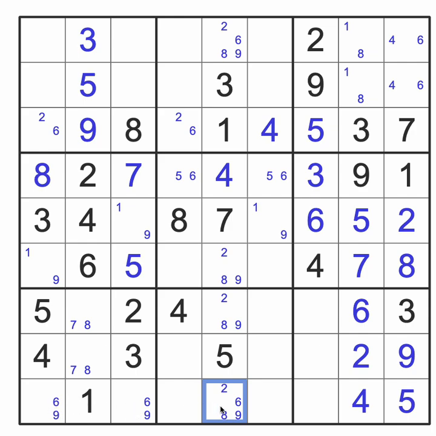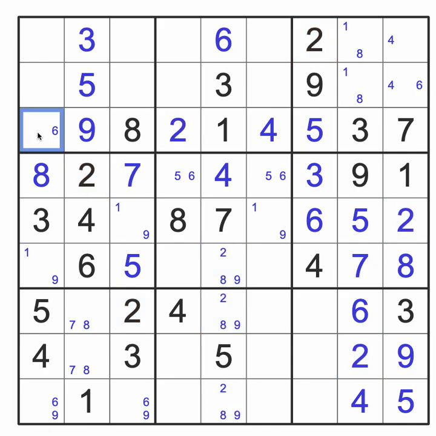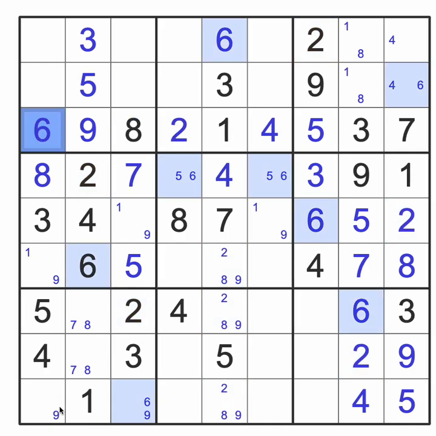If I put 6 in here, there will be no space in box 7 where I can place 6. So I cannot have 6 in here. So these 3 cells cannot have 6, leaving only this cell where I can put 6, which gives me 2 and 6. And that gives me 9 and 6.